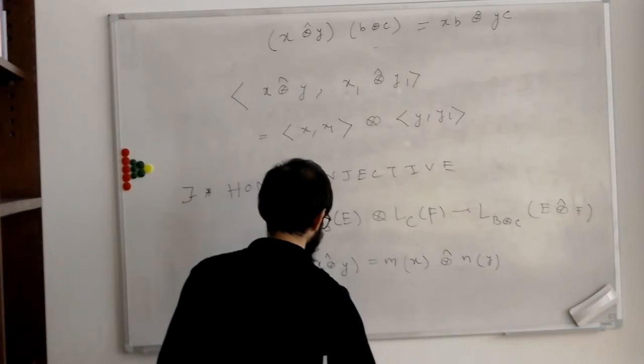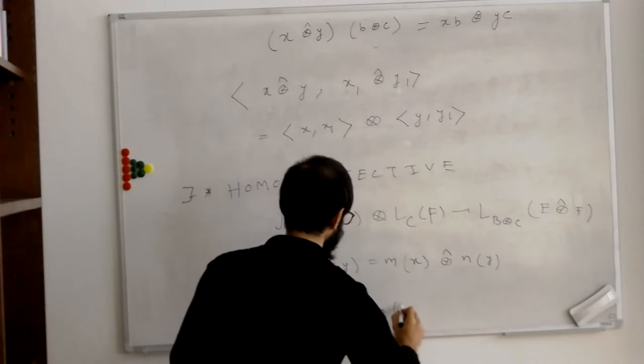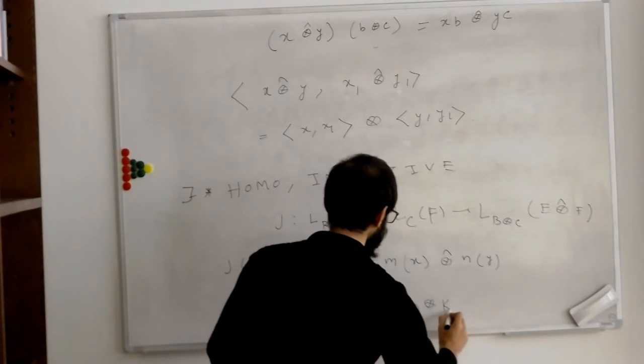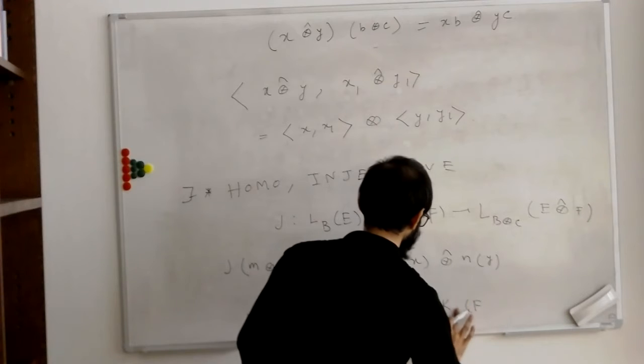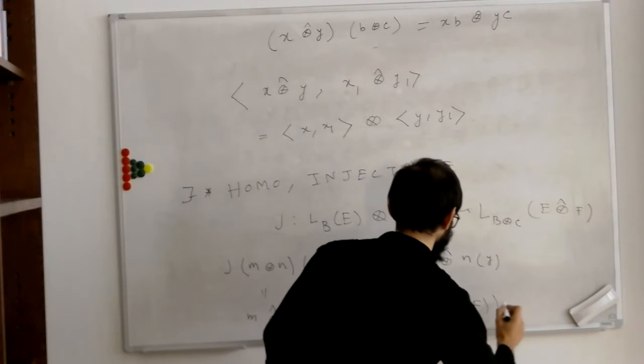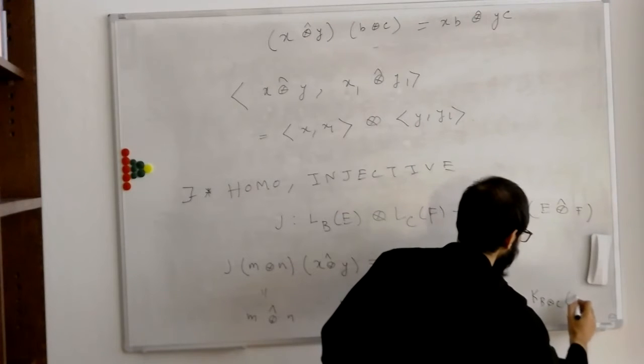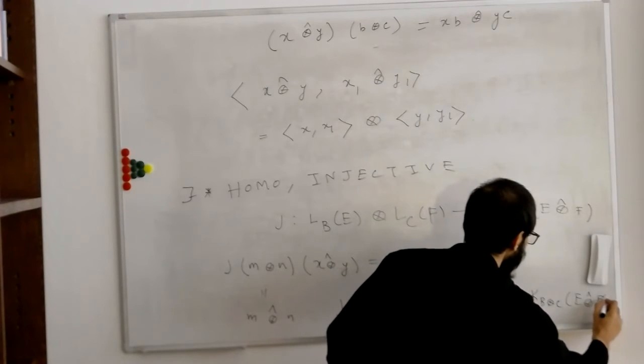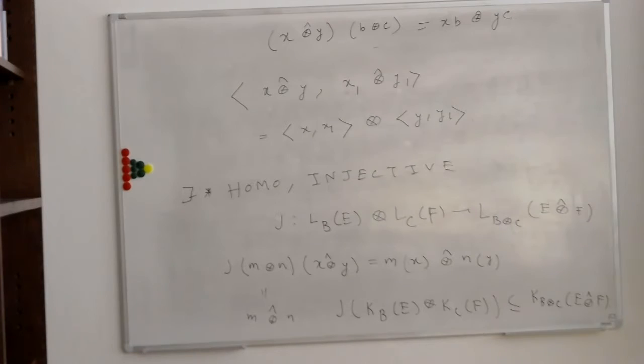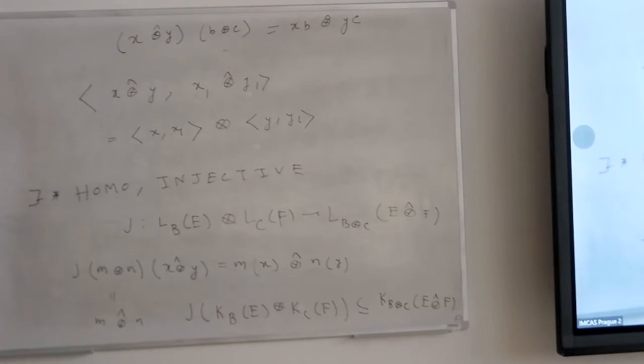Furthermore, J maps the compacts tensor the compacts inside the compacts. These constructions will be heavily used in the entire process of getting the Kasparov product.